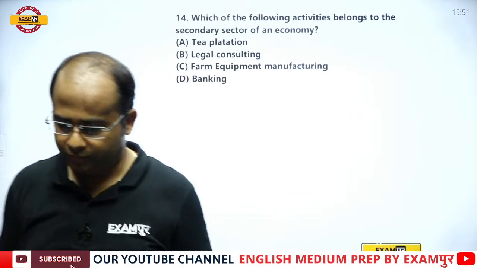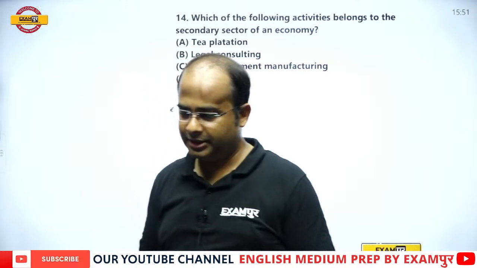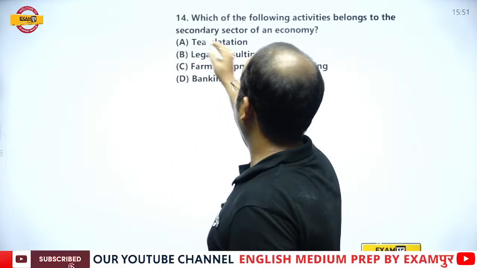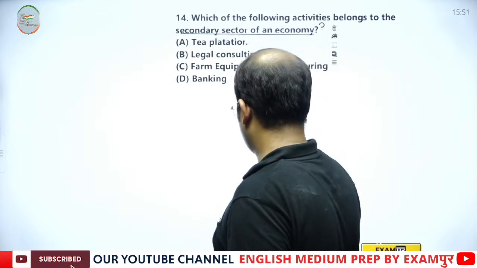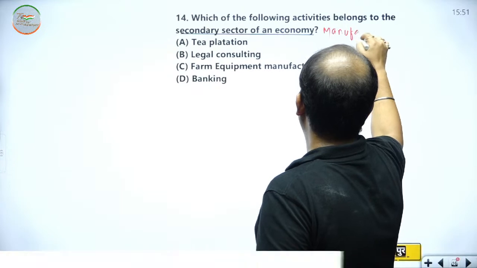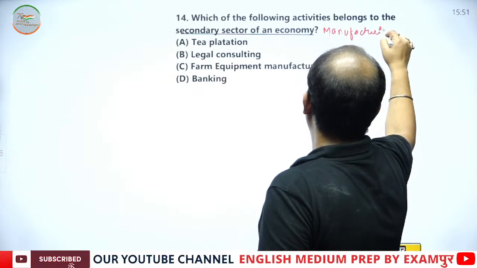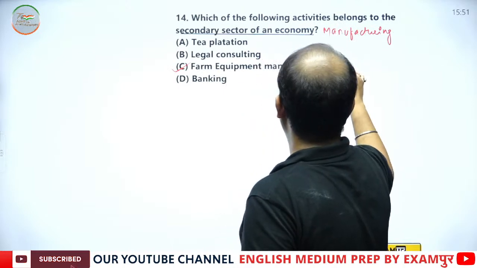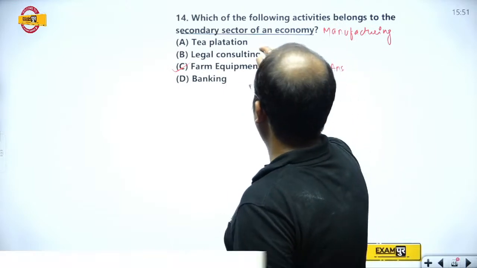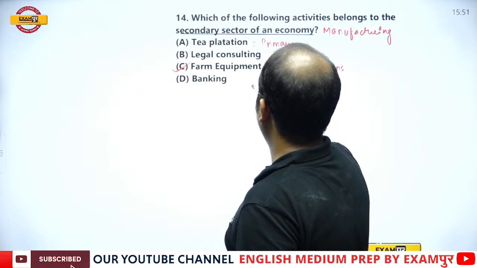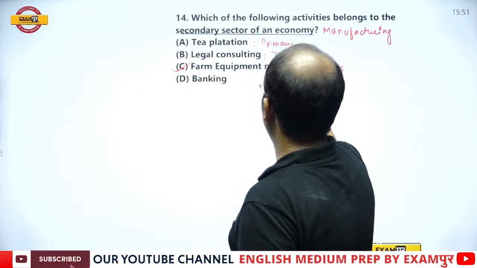Okay guys, which one of the following is the secondary sector? The secondary sector is also called the manufacturing sector. Manufacturing, so that will be farm equipment manufacturing. Tea plantation is primary, and legal consulting and banking are tertiary.